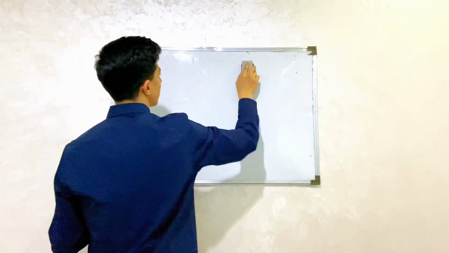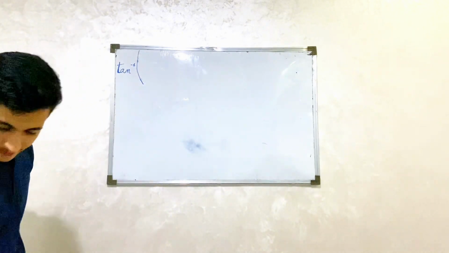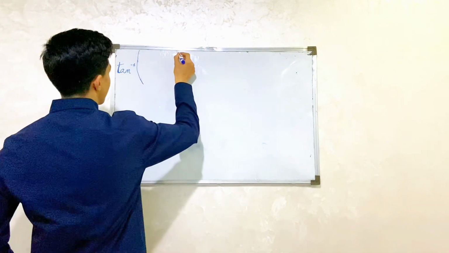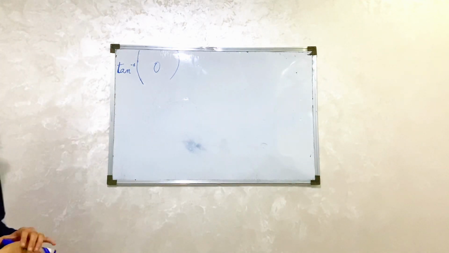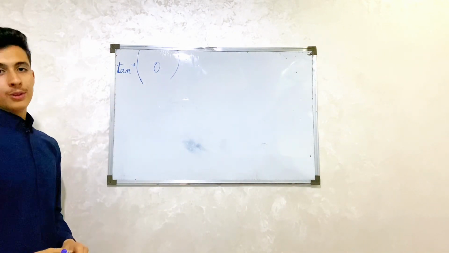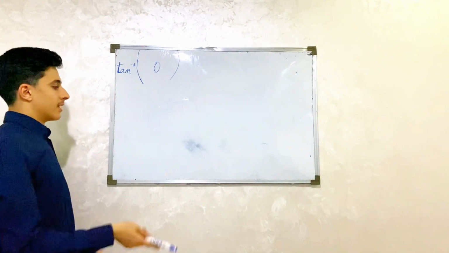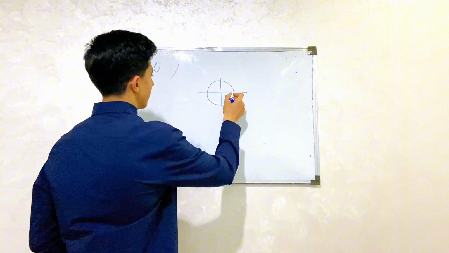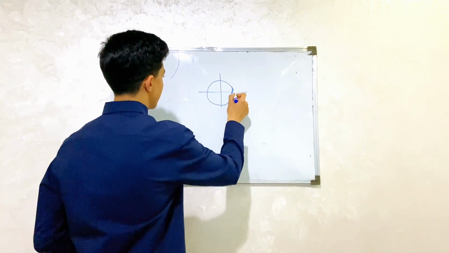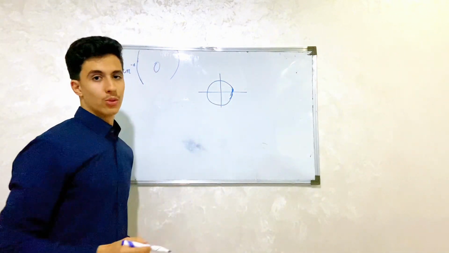So our final answer is going to be the arctan of 0. The arctan of 0. First, to solve this, let's go to the unit circle. How do we know the tan of a certain angle?